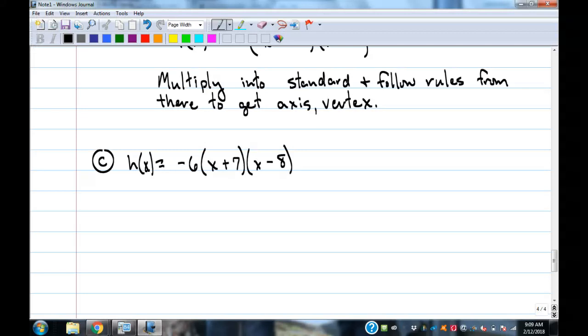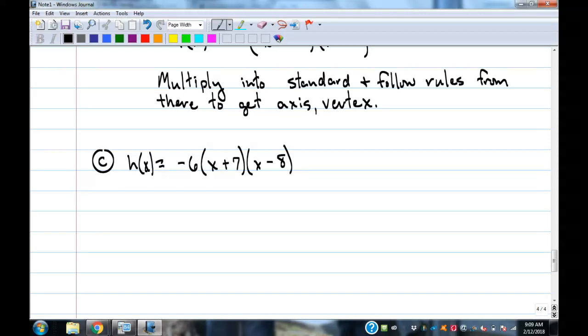Now, which way does this parabola open? Down. We know that because why? Negative 6 in the front. So we know that the vertex will be a what? An absolute maximum, because it's going to have the highest point.